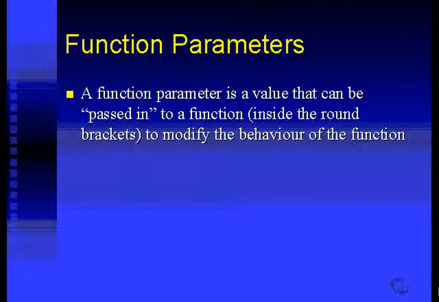If we pass it an integer, we get a number. If we pass it a string, then we get the text in that string. In other words, we are passing some value in to the function called printf that modifies the behavior of printf. Printf actually does different things depending on what we give it. Now, admittedly, all those things are quite similar, but they're actually a little bit different.